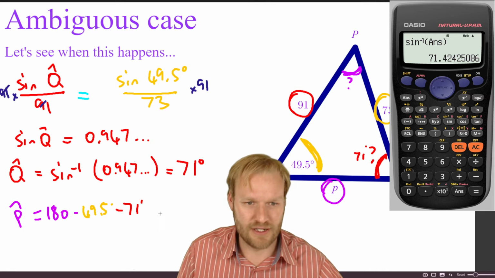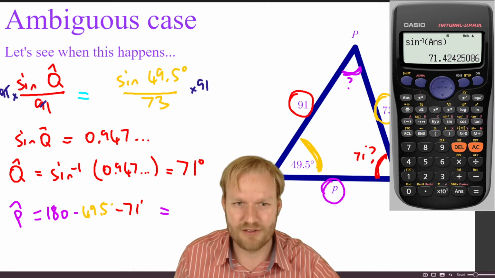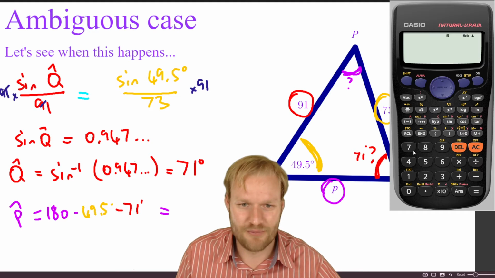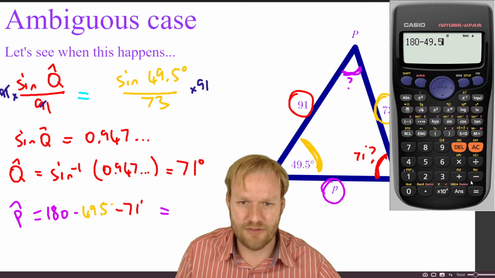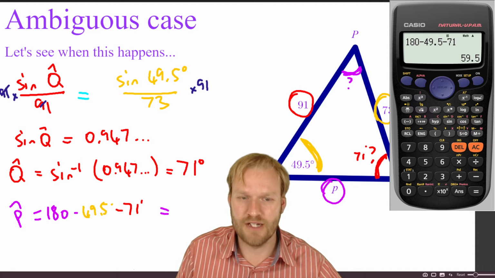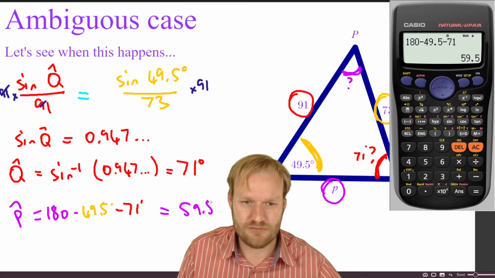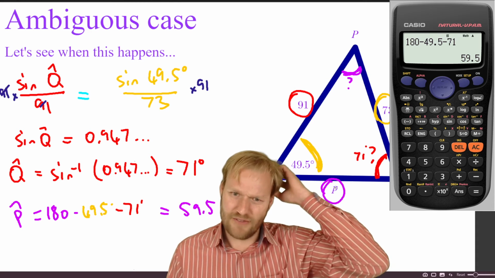Calculator to the rescue: 180 minus 49.5 minus 71 equals 59.5 degrees.